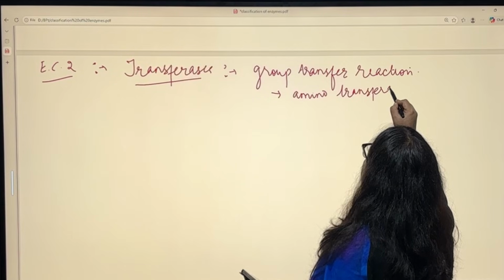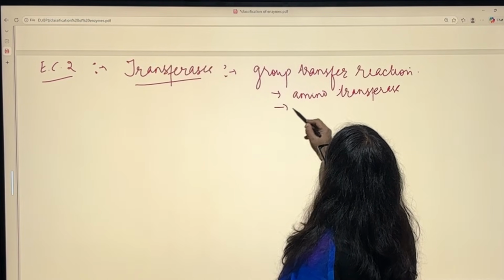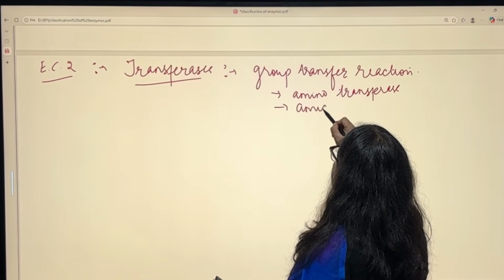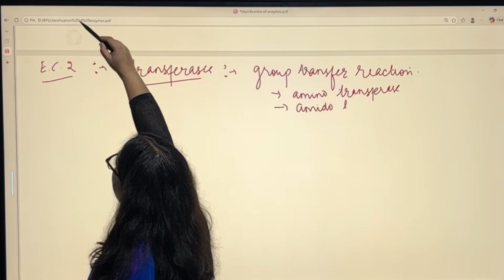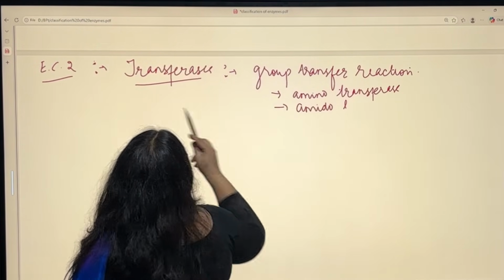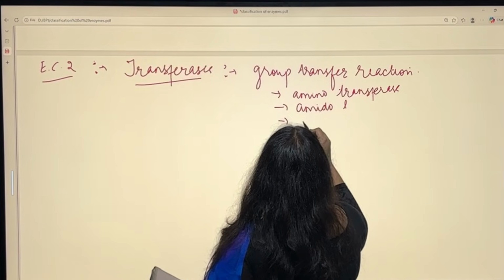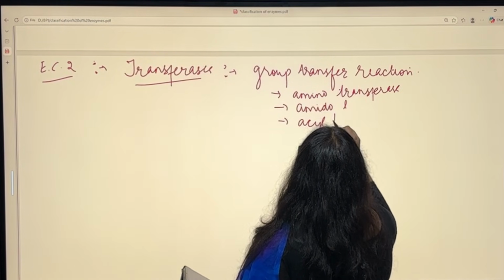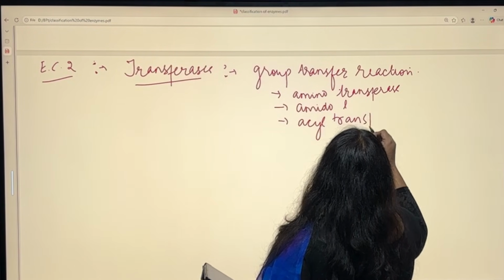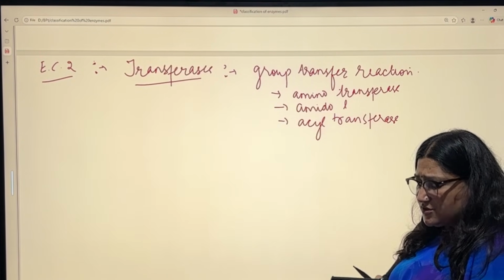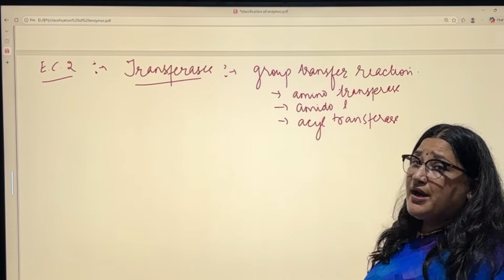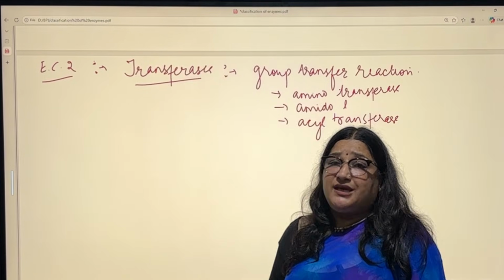If the amide group is being transferred, the enzyme is amidotransferase. And if the acyl group is being transferred, the enzyme is acyl transferase. So what is going to happen here? One group is being transferred to another.